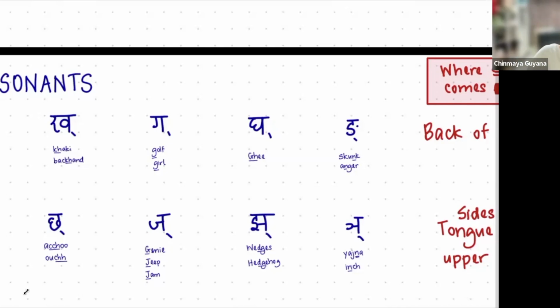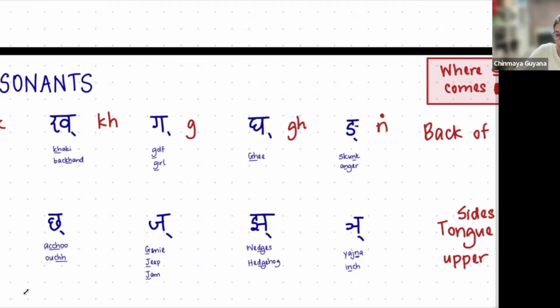So in transliteration, how it is written, ka is written with a k, not with a c, with a k. Kha is written with a kh. Ga is written with a g. Gha is written with a gh. And nga, now nga is written with the n with a dot on the top.